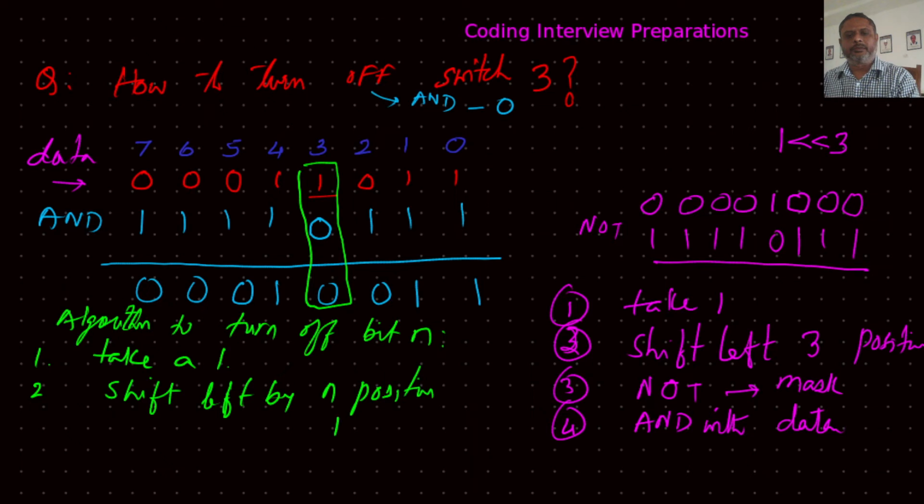So that means 1 shifted left by n positions. That makes that particular position 1, all others are 0, but we want the other way.